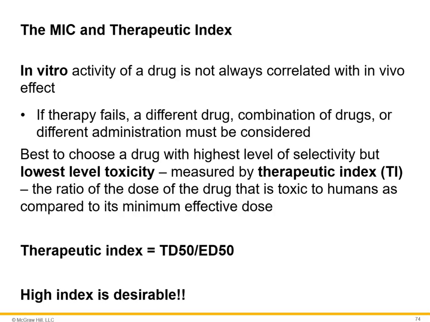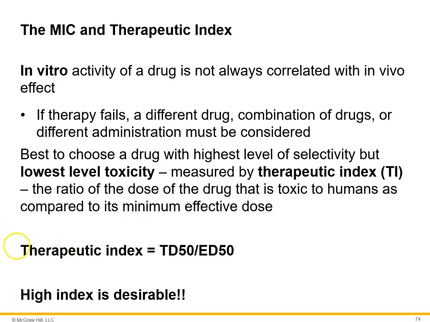Now, when you're choosing an antibiotic, or really any drug, you want to choose a drug that has the highest level of selectivity but the lowest level of toxicity. And that level of toxicity is measured by the therapeutic index. The therapeutic index is a ratio of the dose of the drug that's toxic to people compared to the dose of the drug required to get some sort of effect.